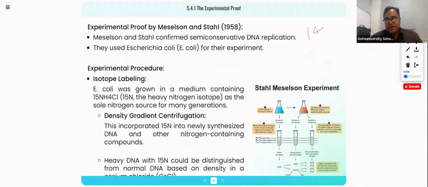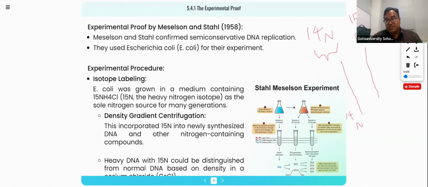We know very well about the 14N and about the 15N. Both nitrogen forms are used by the bacteria. As a result, the corresponding DNA is formed, only rich in 14N, which is lighter than the DNA which has the 15N.